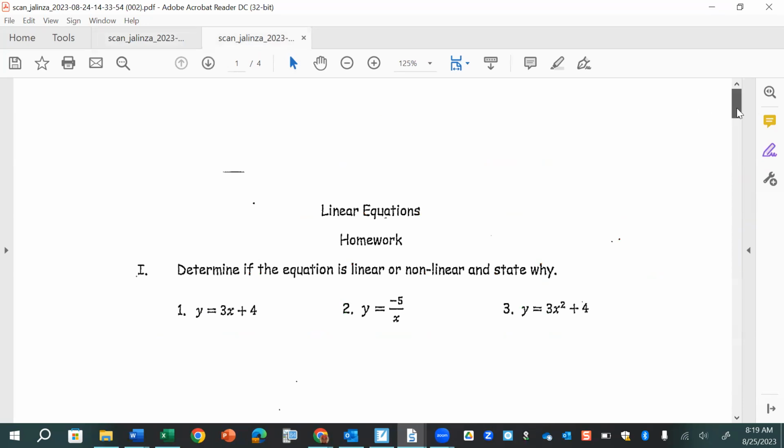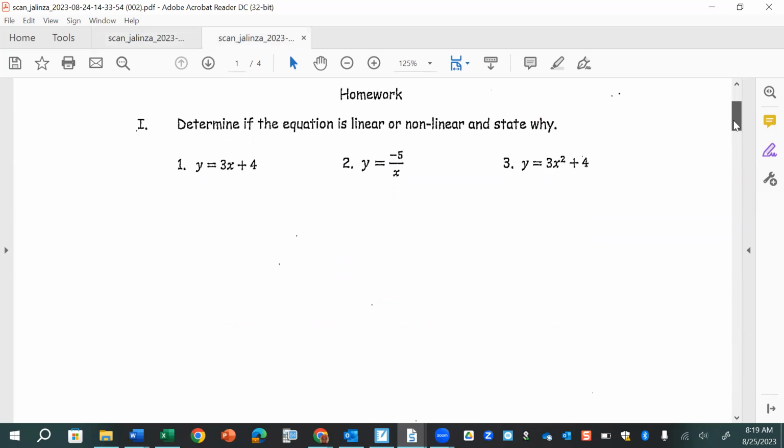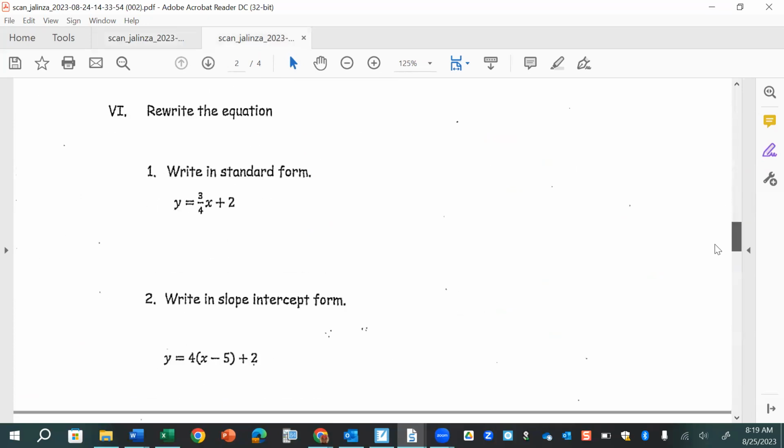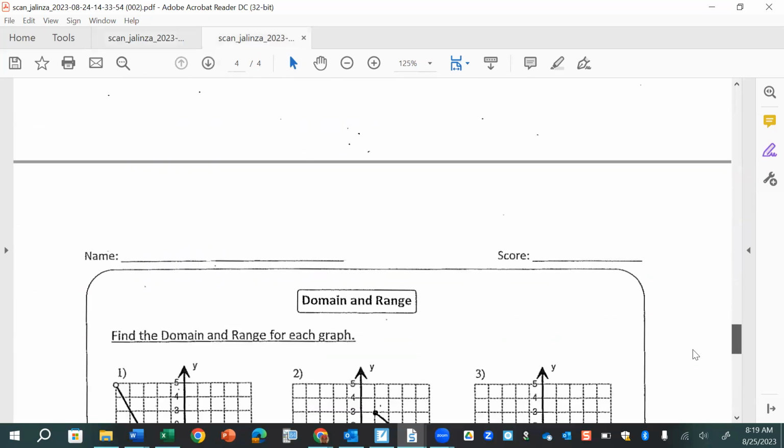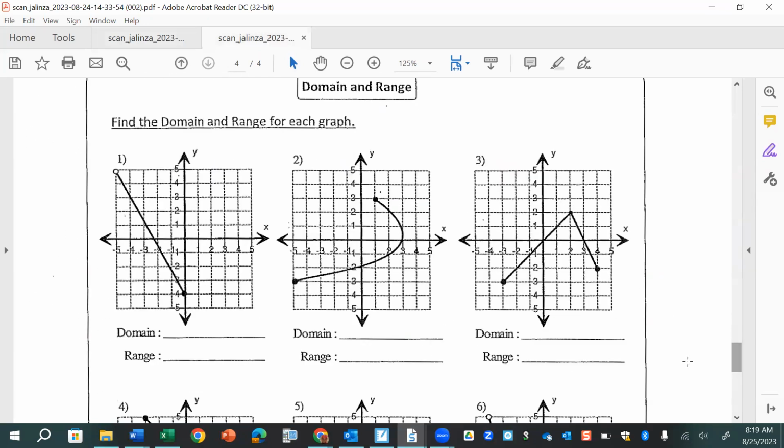Okay, so today's notes, if you will. Let's see, let's start with domain and range. Find this page. Okay.